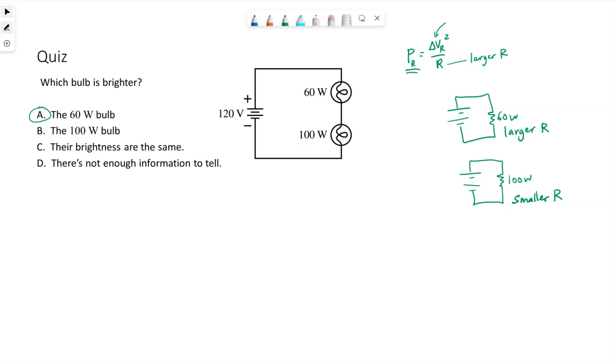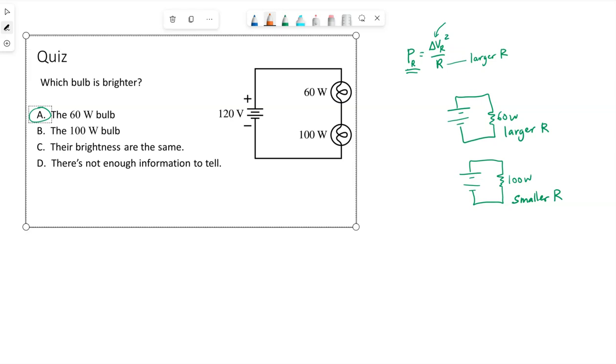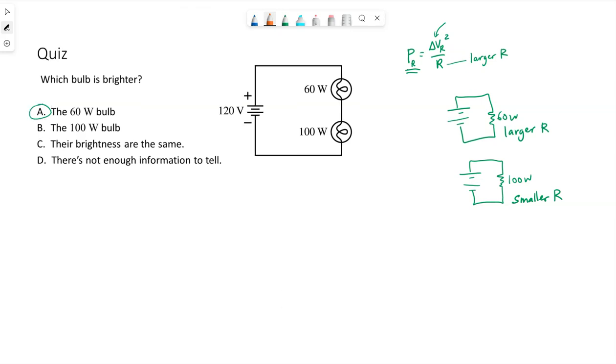When we connect them in series, they're not necessarily going to be 60 watts and 100 watts, because they will not have the same delta V across them. What they do have in common is the current that will flow through them.